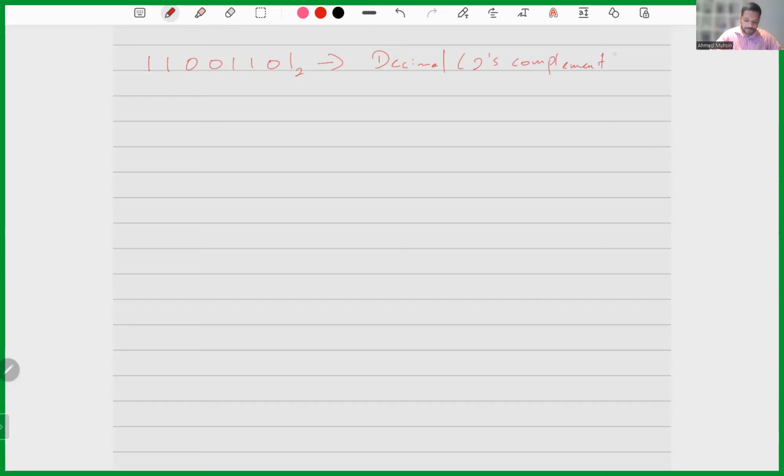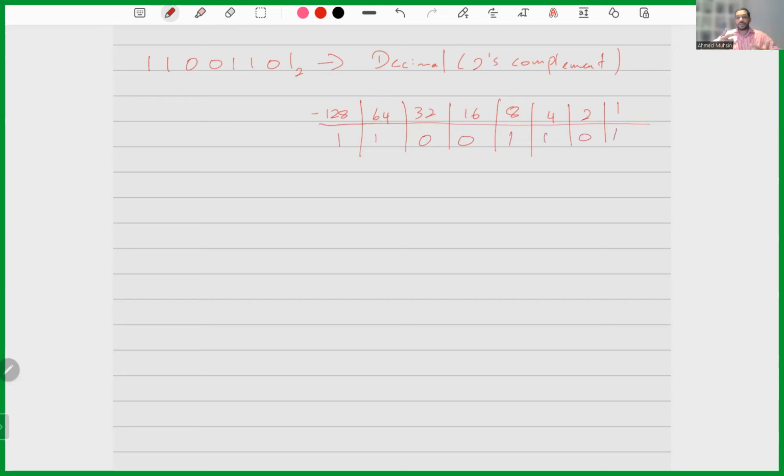That's very easy. What we do is we first put our position value. We start with 1, then 2, then 4, then 8, 16, 32, 64. And then remember, we're using 2's complement, so we have minus 128. Let's put the values over here: 1, 1, 0, 0, 1, 1, 0, 1.